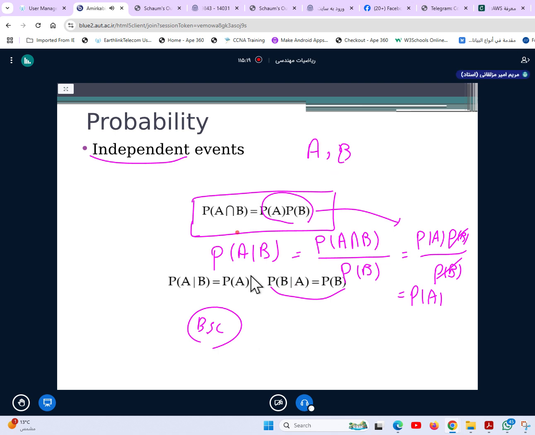So it's important to keep in mind that if the probability of the intersection of two events is equal to the multiplication of their probabilities, then we say that these two events, A and B, are independent from each other. And we have this formula for independent events. Any question?